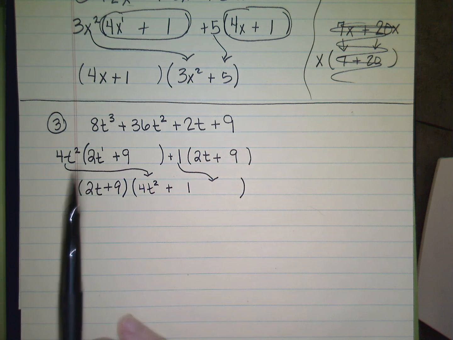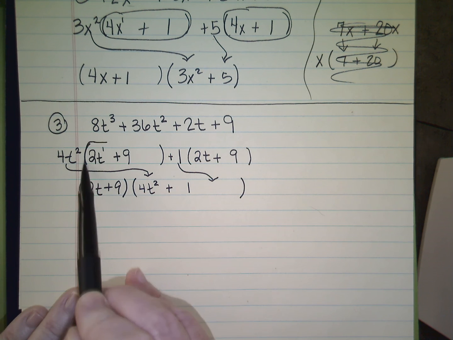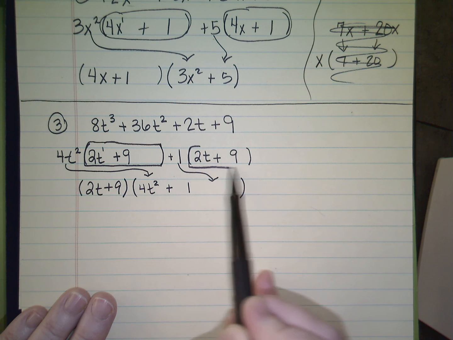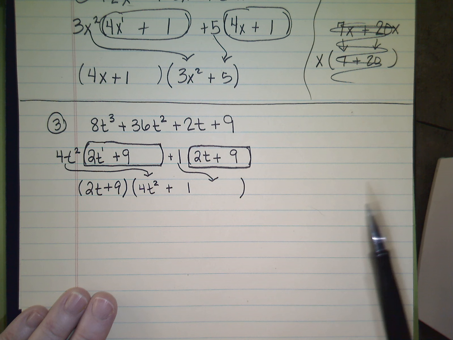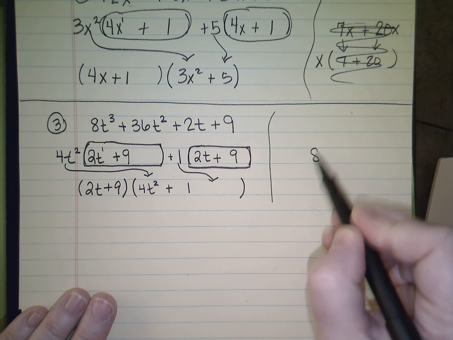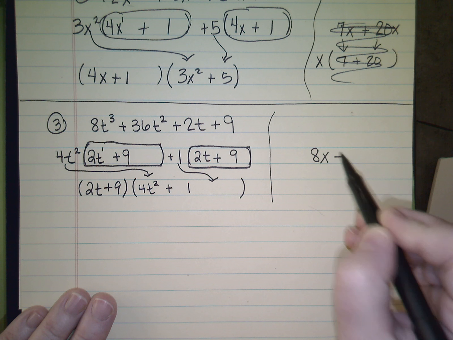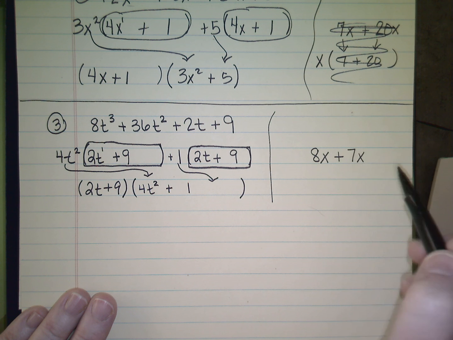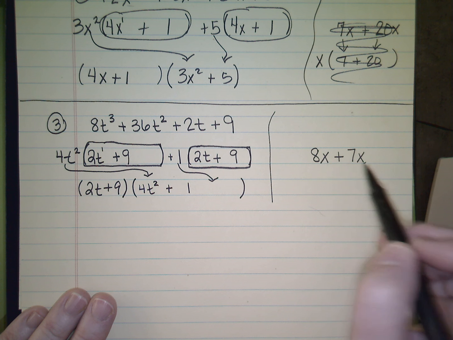Yes, because this parenthesis right here and this parenthesis right here are identical. Okay, so it's kind of like having 8x plus 7x. What do these have in common?